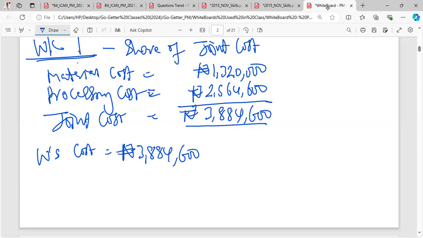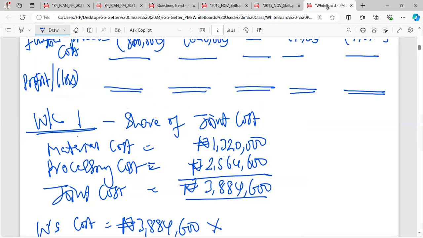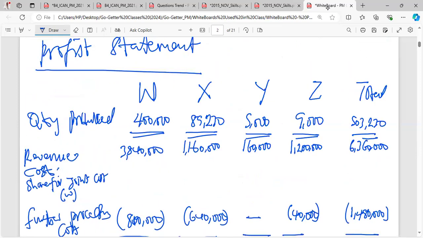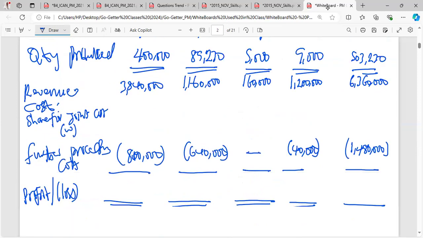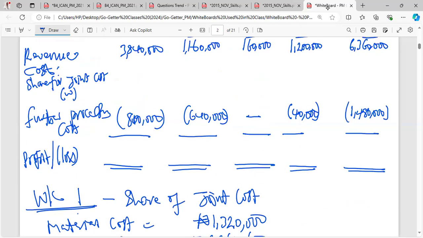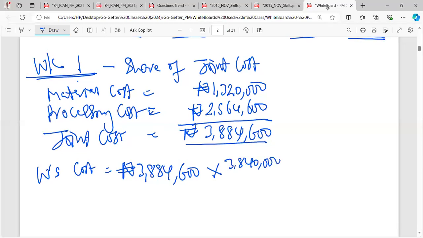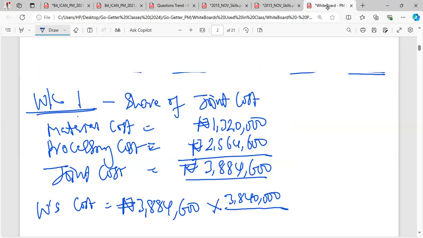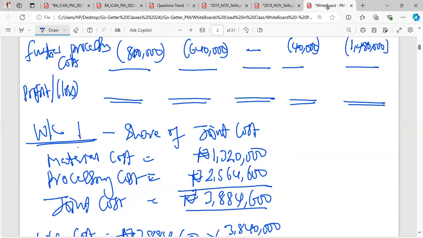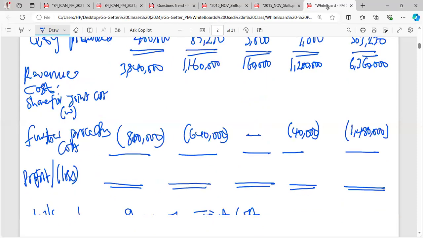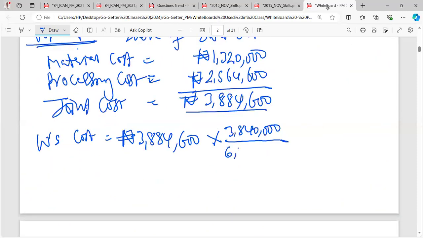How much will be that of W? We go to the sales value of W, that is what they call sales value basis. 3,840,000 all over the total sales value, 6,360,000.